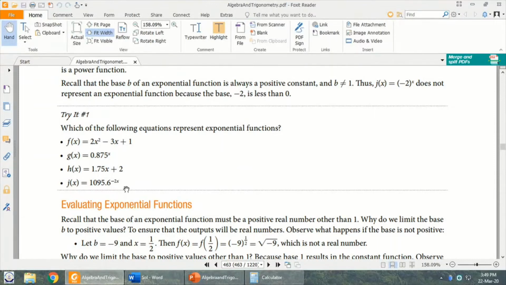But then again, this is going to be a decay because it's not an increase. So you have to be very careful about whether it's an exponential increase or an exponential decay.